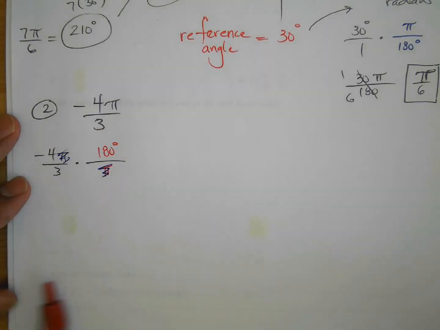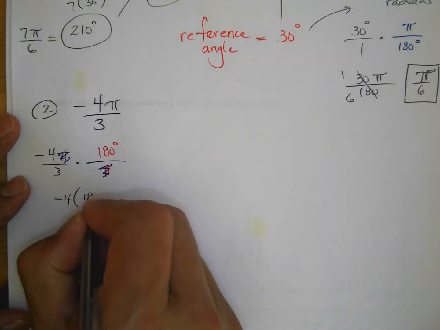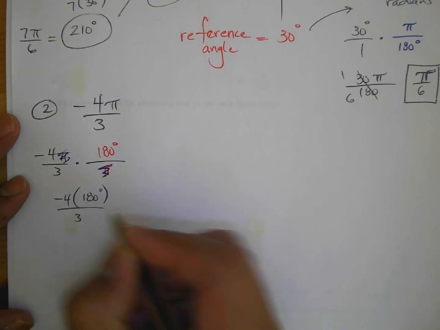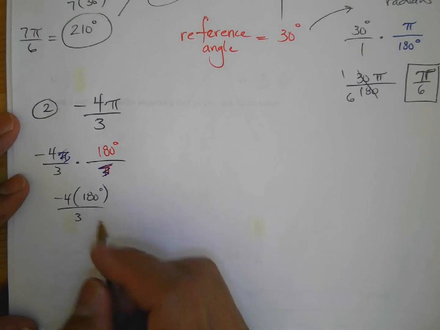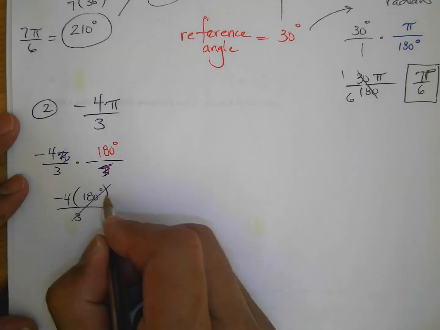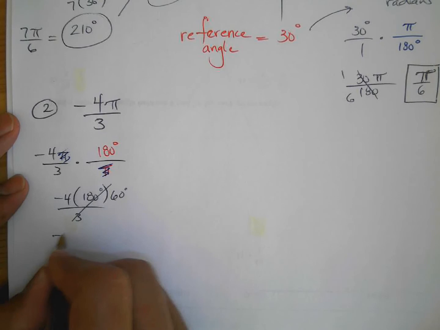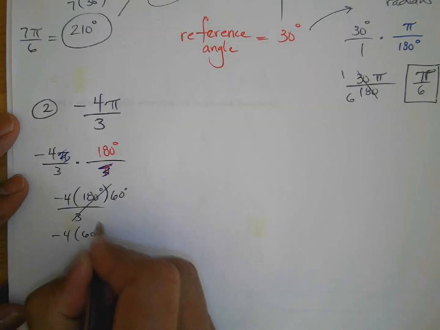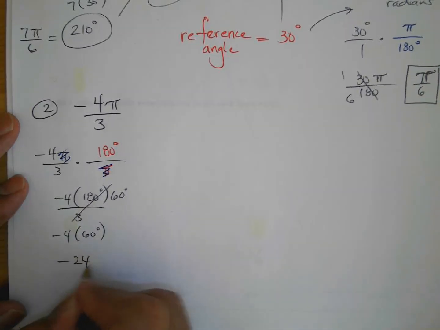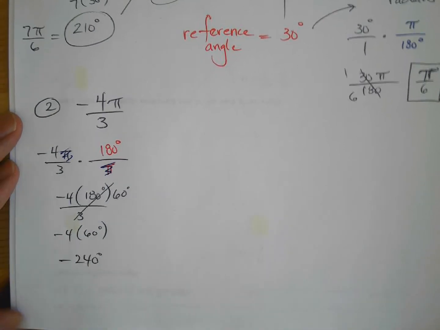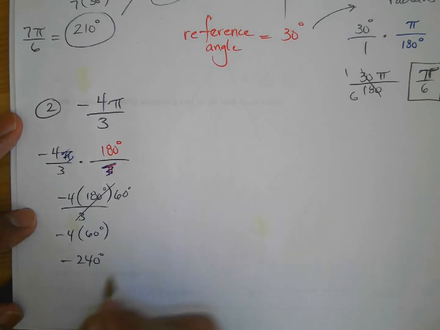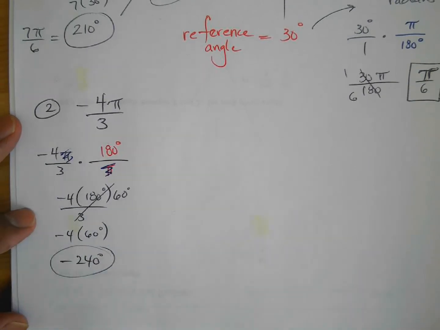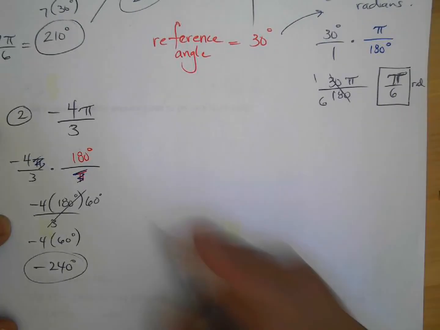You're left with negative 4 times 180 degrees divided by 3, but you can reduce here. 3 goes into 180 60 times. So negative 4 times 60 is negative 240 degrees. So negative 4 pi over 3 is the same as negative 240 degrees. Okay, I can do this in degrees.